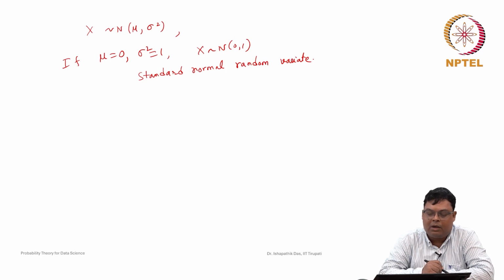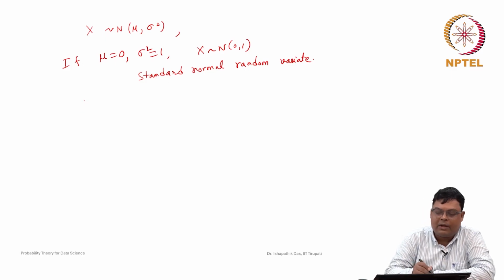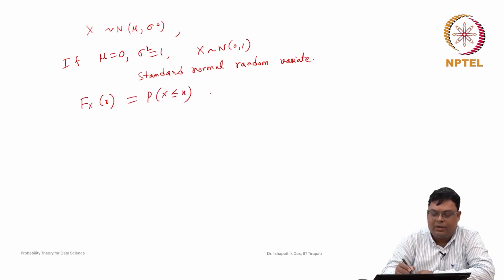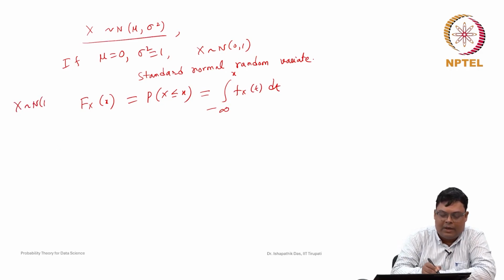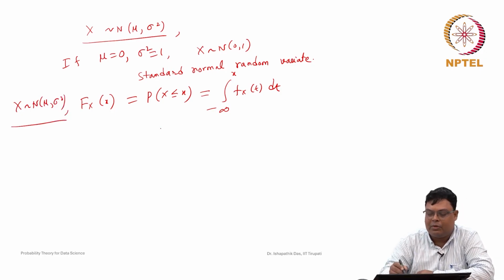Now, if you want to find the cumulative distribution function of a normal random variable, then F of x is equal to probability that X is less than or equal to x. So, it is nothing but minus infinity to x of f_X(t) dt. So, for X a normal distribution in general, with mu and sigma square, we are finding the cumulative distribution function.